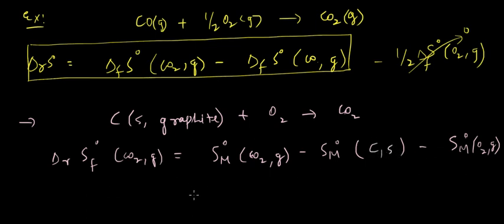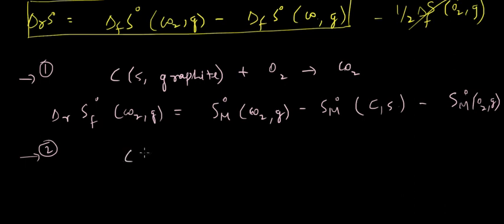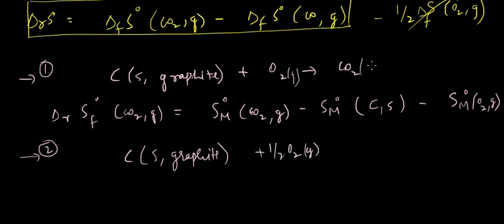Okay, and let's say this was the first reaction, and the second reaction is, suppose we have again C(graphite) reacting with half mole of O2(g) and converting itself into carbon monoxide.